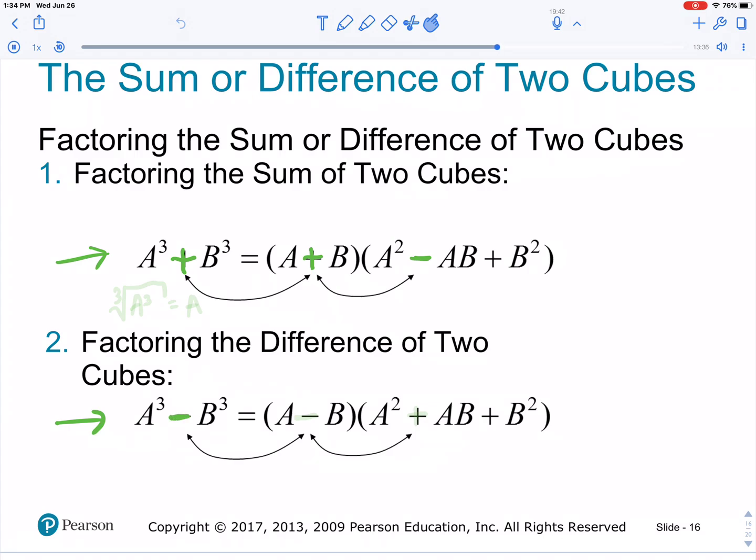If it's a minus, the first one's a minus, the second one's a plus. So they follow the same patterns. And then where you have a cubed, you have a plus b cubed. So that a value is the cube root of a to the third, which is a. And same thing with b. So you're going to be thinking about cube roots in this one.